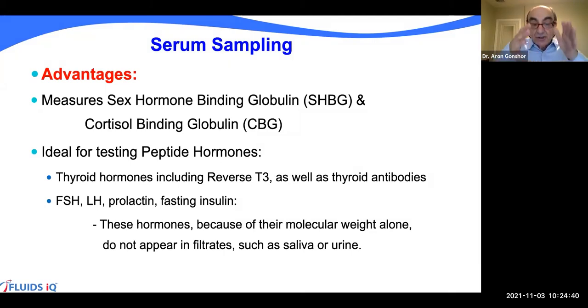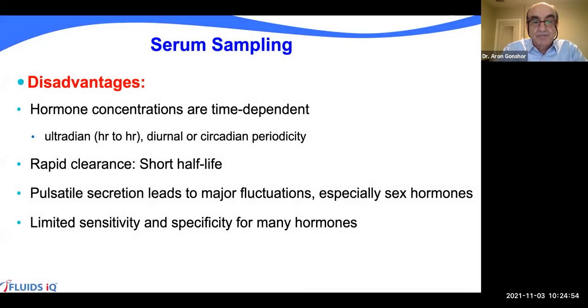And these hormones, because of their molecular weight alone, which is quite large, do not appear in the various filtrates that you would get in saliva or urine. So that's where serum sampling is very important.